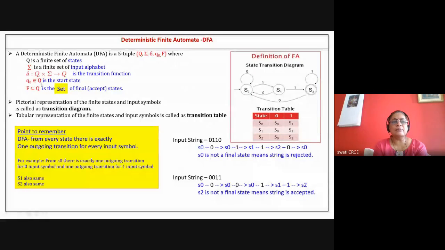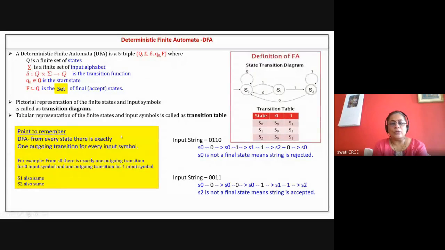Q0 is the initial state belonging to capital Q, and F is a subset of capital Q, that is, a set of final states. We represent our design with the help of a transition diagram and transition table.